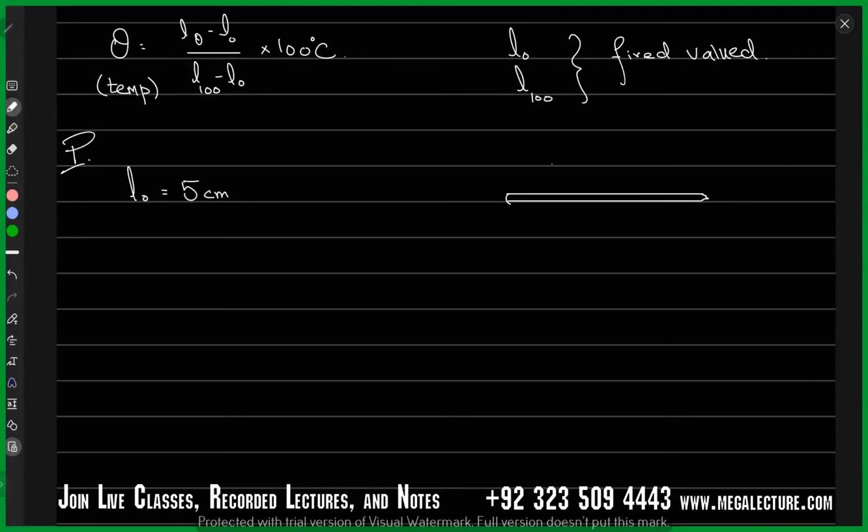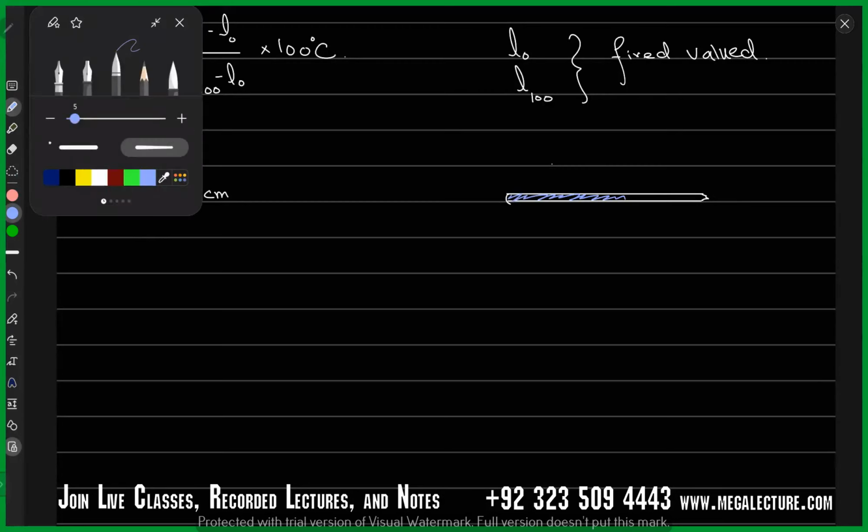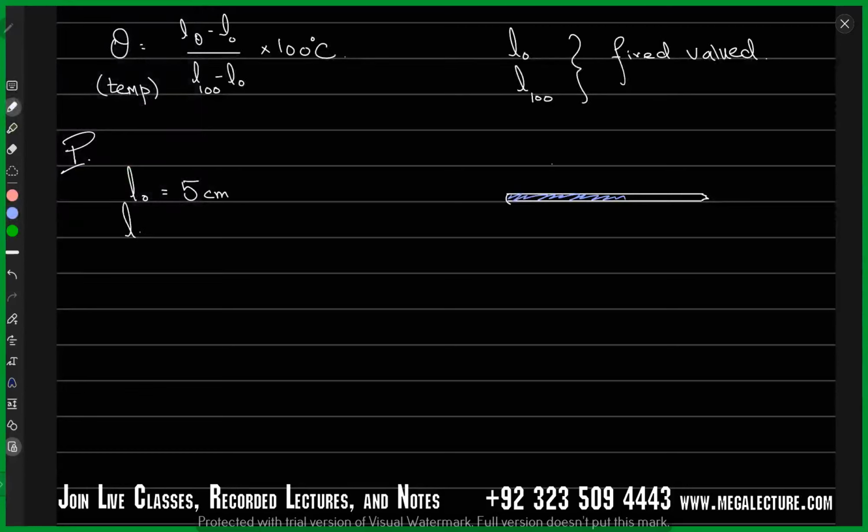And the length of this mercury in this tube, so this would be the mercury, when it's at 100 degrees, the length of the tube is given as 25 centimeters. So these values are given to you.